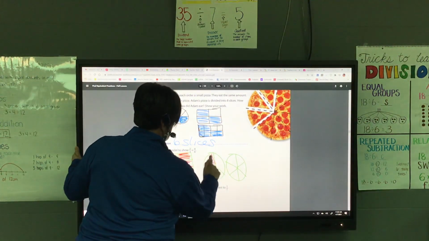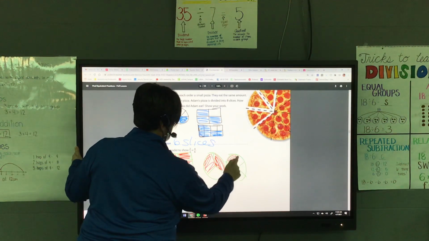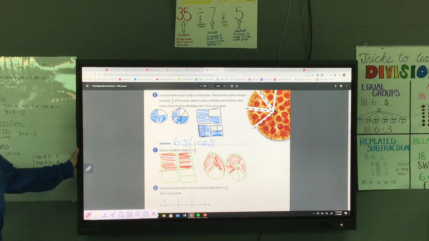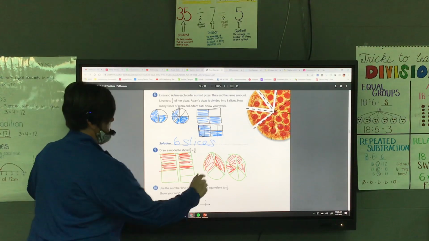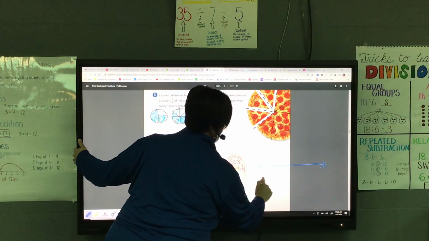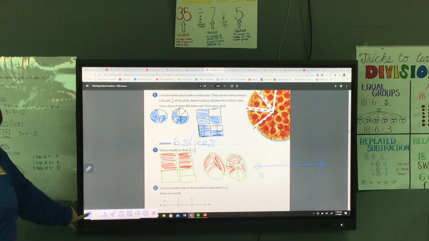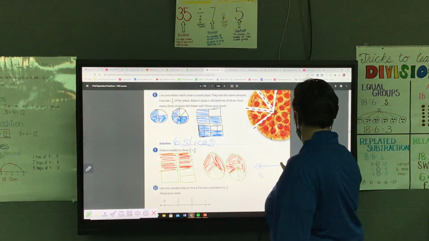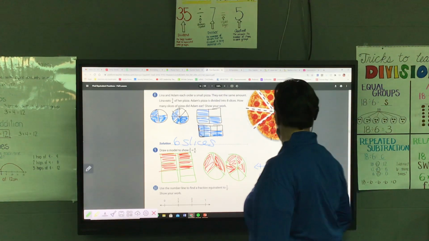So 1, 2. 1, 2, 3, 4. Are they equivalent? What if I chose to do a number line? I'm going to go off the paper here. I would need to split it into thirds first, right? One, 2, 3.